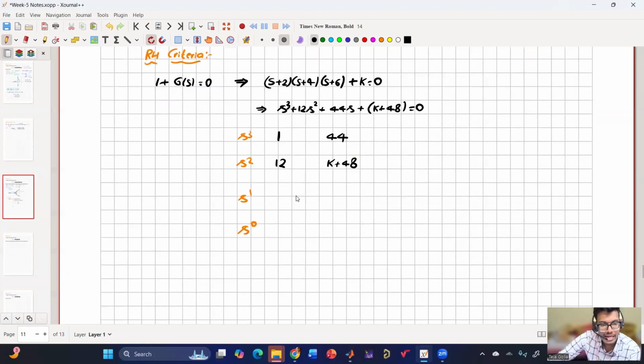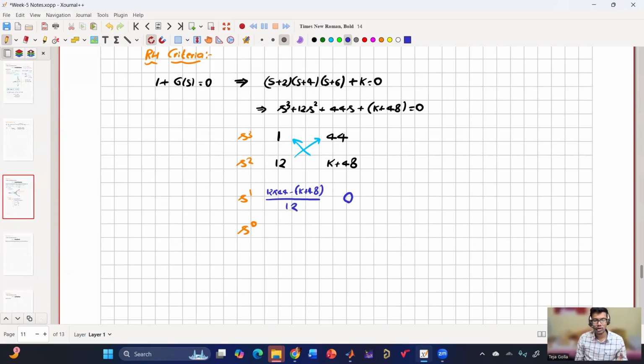So if we calculate s to the power 1, then we will get the product of 12 into 44 minus k plus 48, divided by 12. So this is the first term. Second term is 0 because we don't have anything. So this term will be 12 into 44 minus (k plus 48), divided by 12.